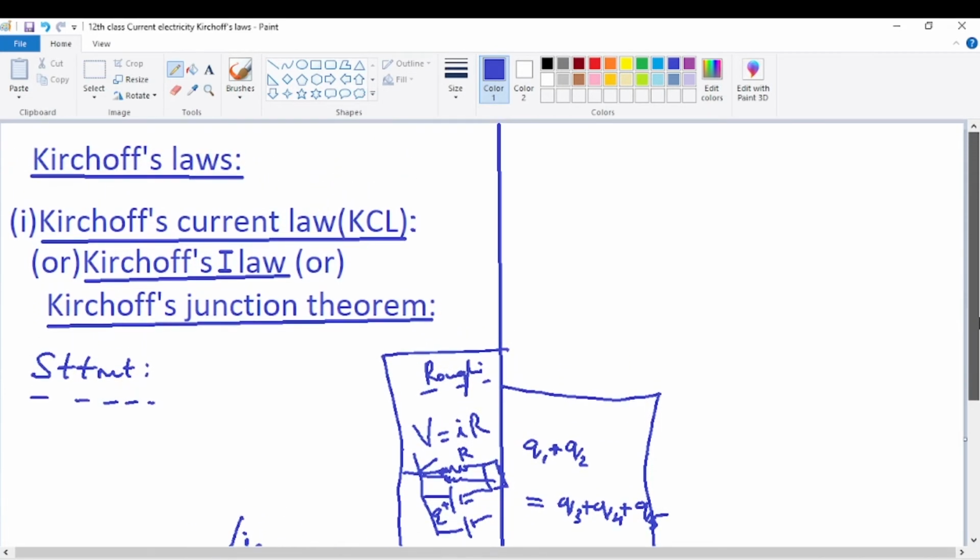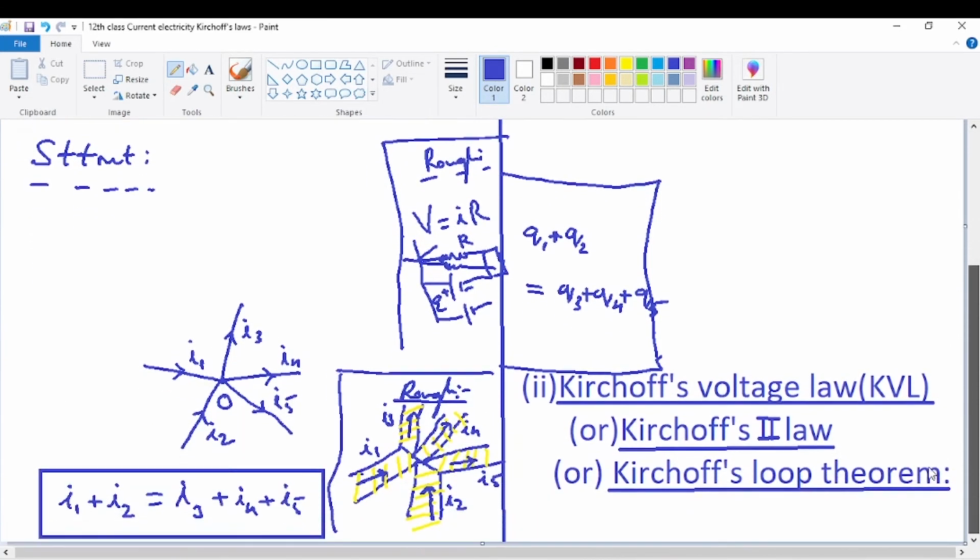The main purpose of this law: suppose out of a total of 5 currents, 4 currents are known, the 5th current can be determined. At any junction where a number of currents are present, the exact relation between all the currents can be known with the help of this equation, the first law.